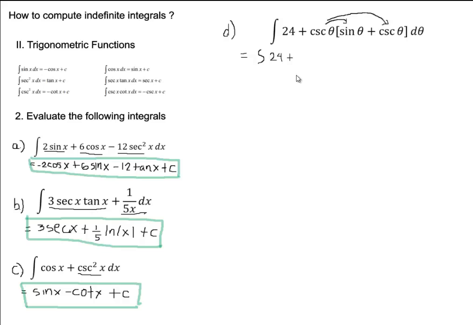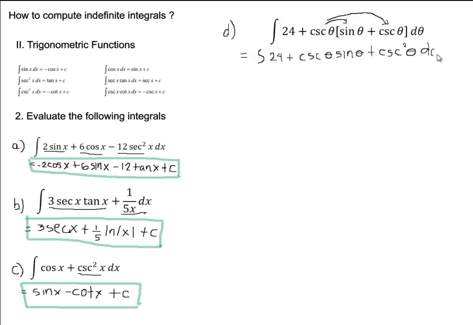So we have cosecant theta sine theta plus cosecant theta multiplied by cosecant theta, so cosecant squared theta d theta.